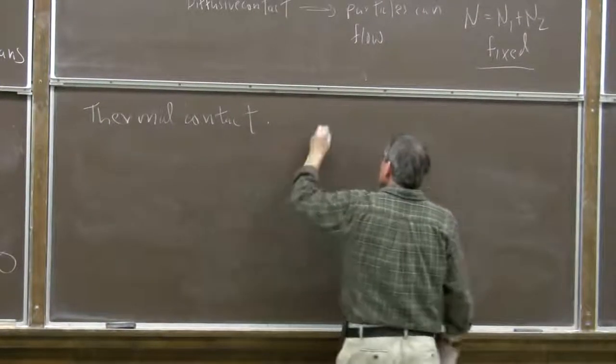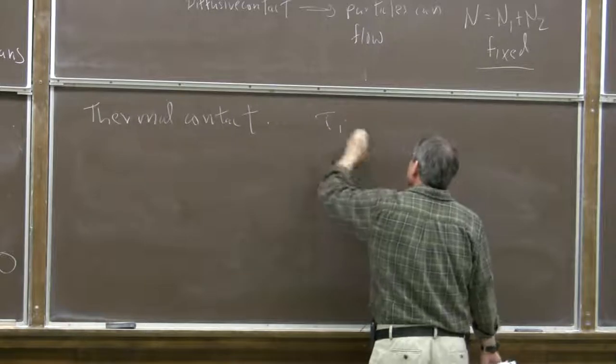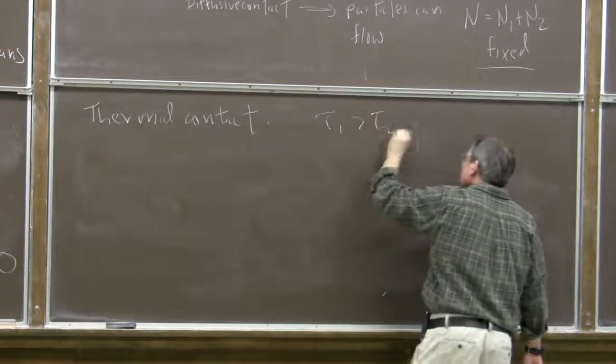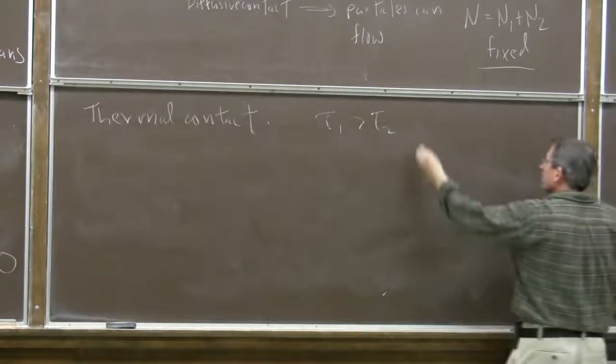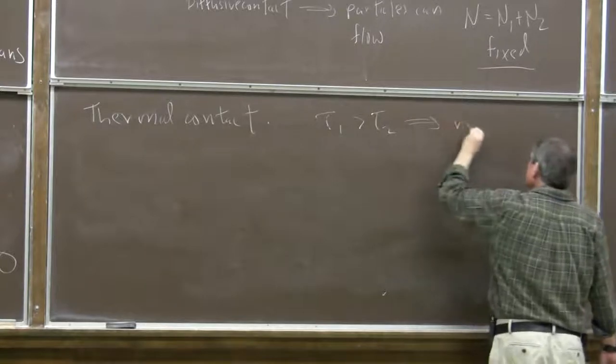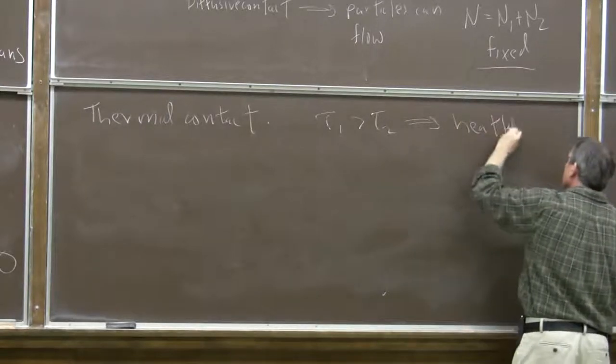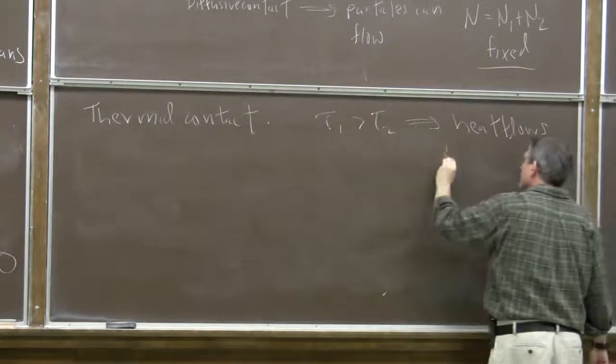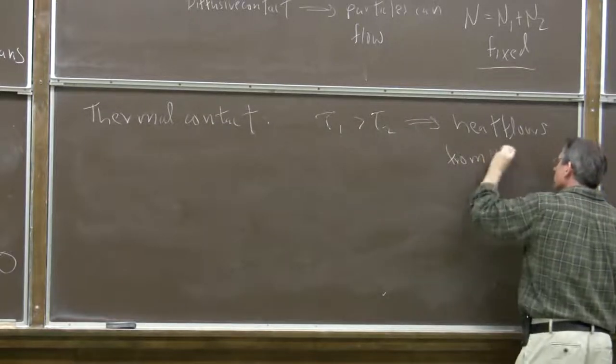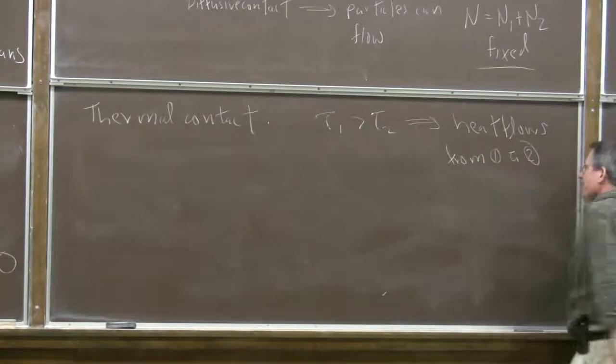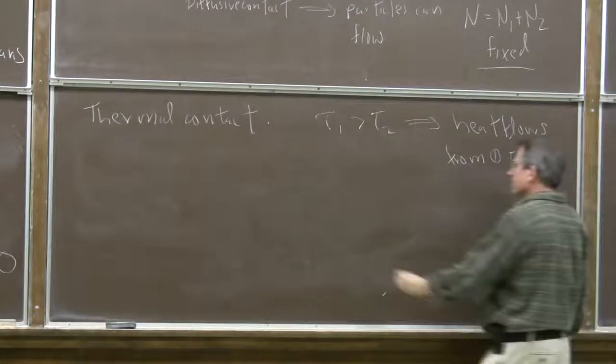And what that turns out to mean is that if temperature 1 is greater than temperature 2, then heat or energy flows from 1 to 2 until equilibrium is established.